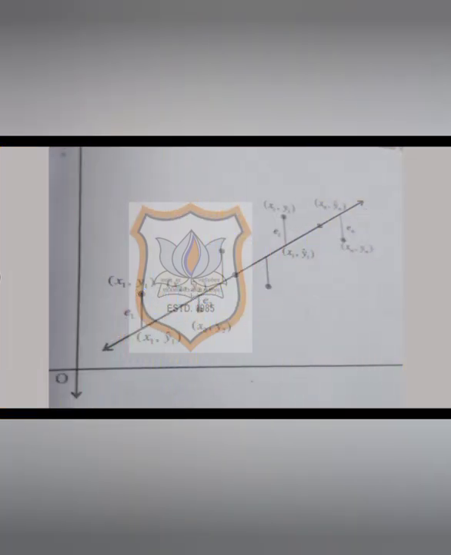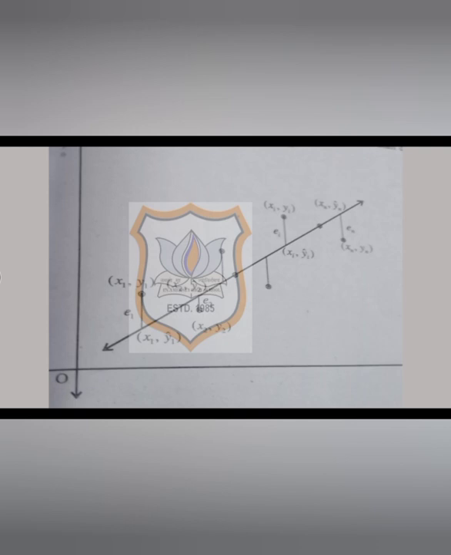In the method of scatter diagram, suppose we have the observations x1, y1, x2, y2, x3, y3 and so on. We plot a graph as we have seen in the last chapter. The independent variable x we take on the x-axis, and the dependent variable y we take on the y-axis.